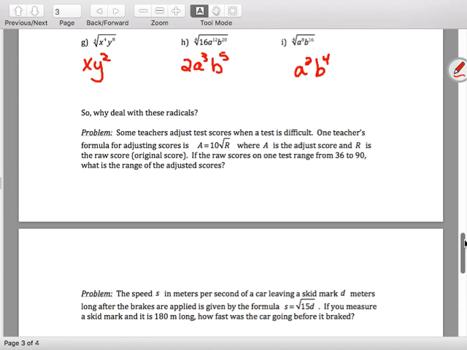Any suggestions? What might we do to find the new adjusted scores, that range? So the raw scores were 36 up to 90. And I want to know what the adjusted scores would be from the bottom to the top.